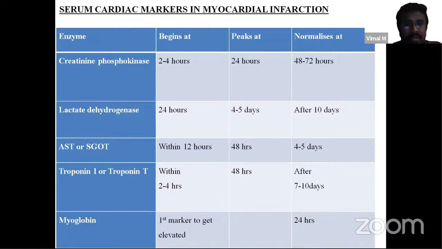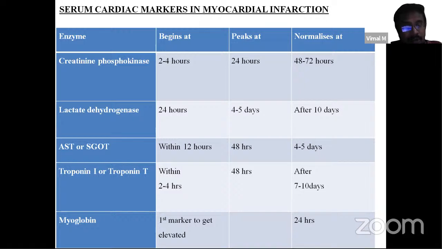It begins to elevate in 2 to 4 hours, peaks at 24 hours and normalizes at 48 to 72 hours. Lactate dehydrogenase begins at 24 hours, peaks at 4 to 5 days and normalizes after 10 days.